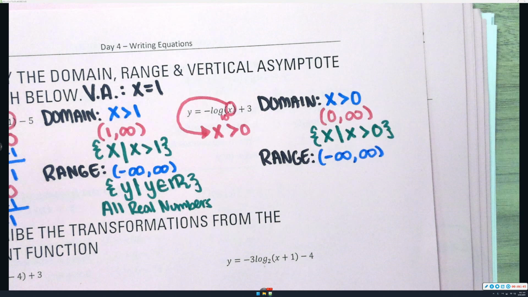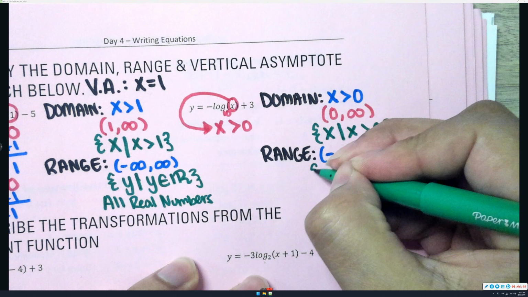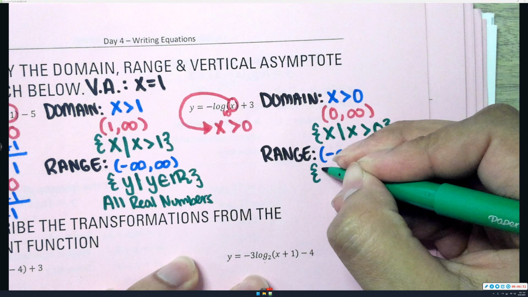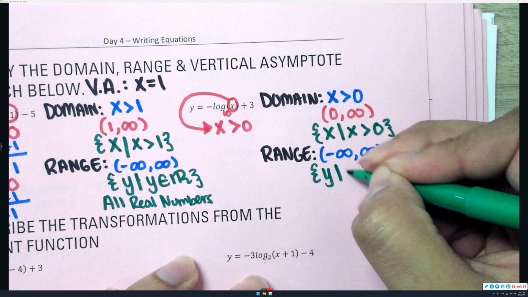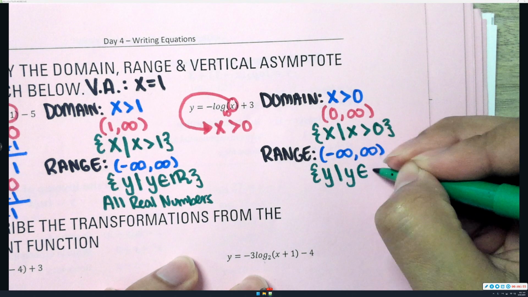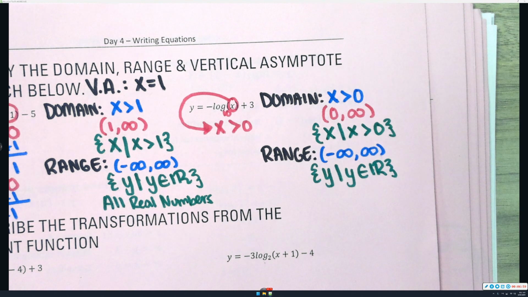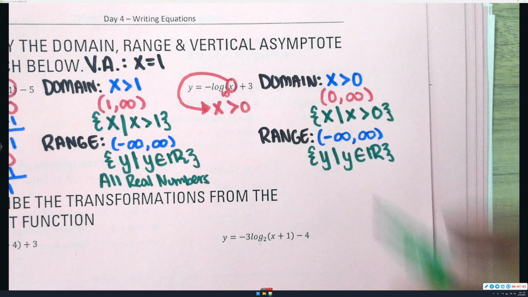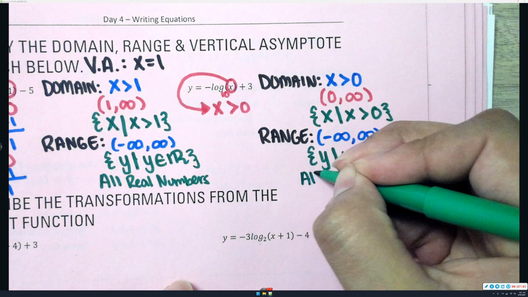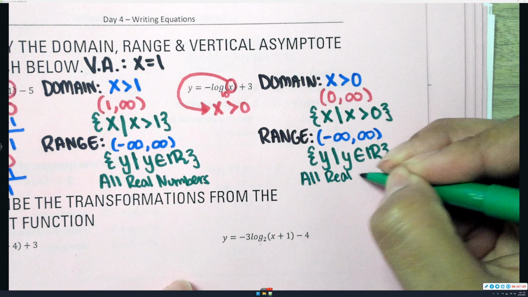We're then going to write down the set notation, which is given to us by the following. For all y's in which y is going to be an element of the real number set. We also have the verbal description, correct? We have all real numbers.